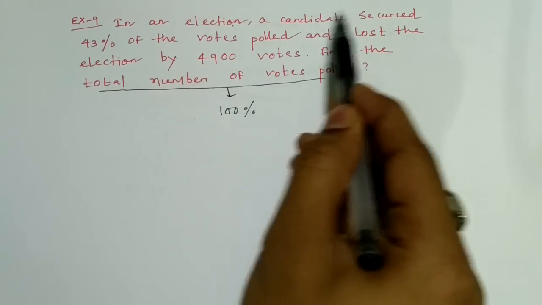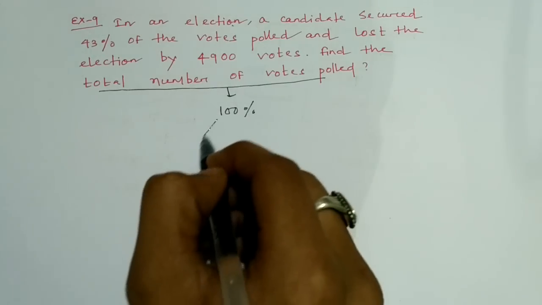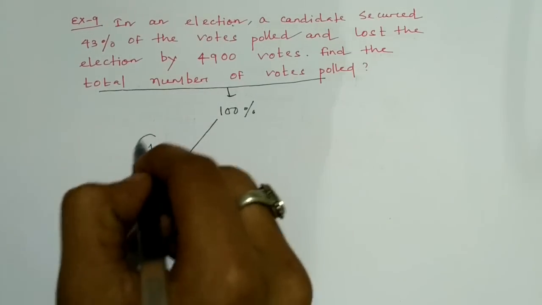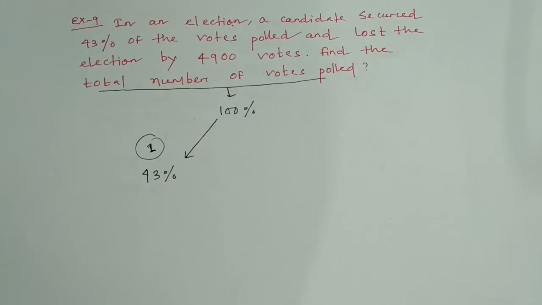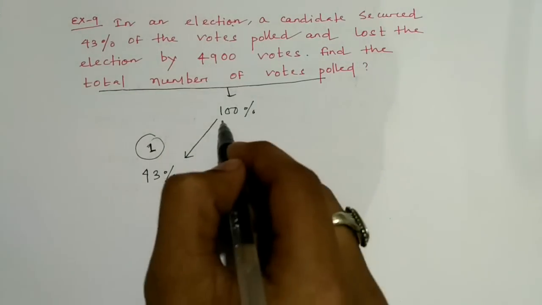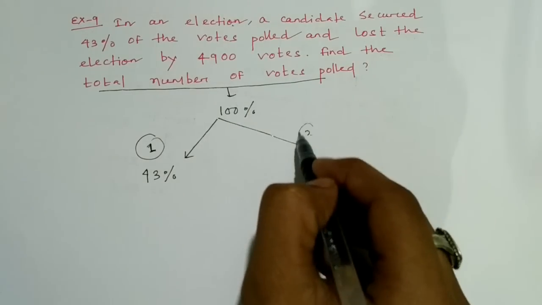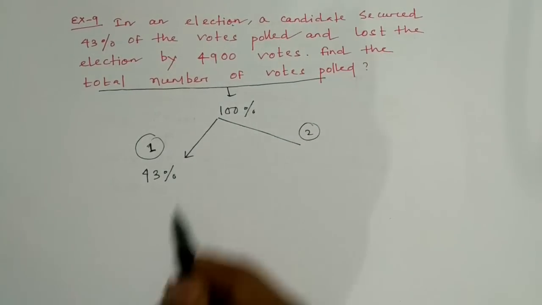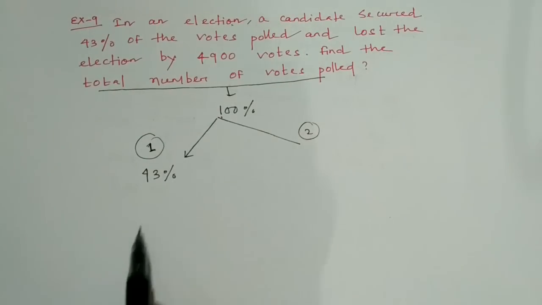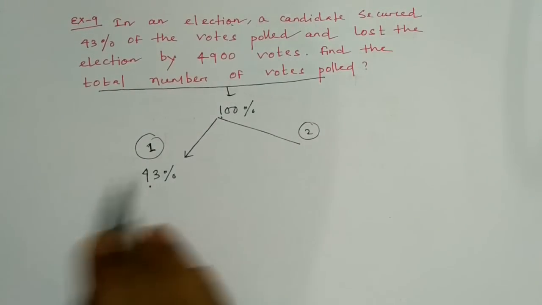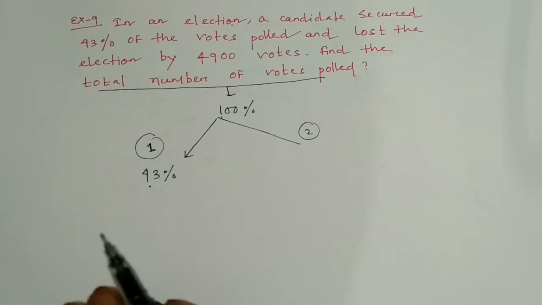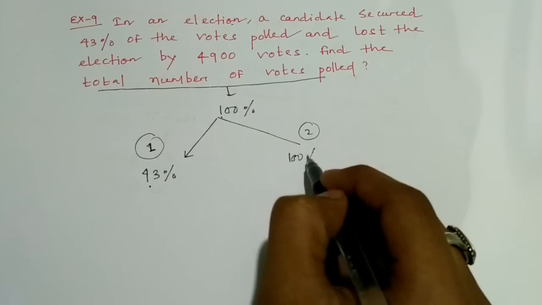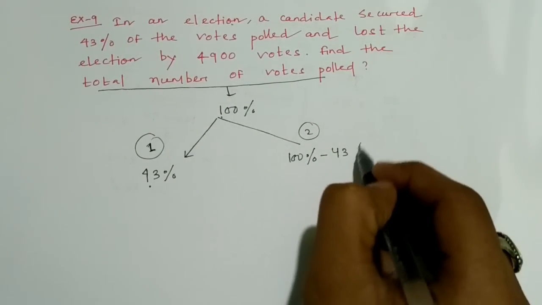In an election, a candidate secured 43% vote. So the number one candidate got 43% vote. Then the number two candidate, what percent does he get? The total percentage is 100%. One candidate got 43%, and obviously the other candidate should get 100% minus 43%.